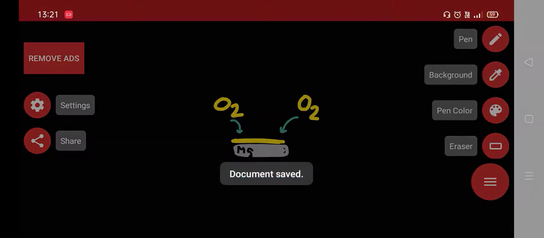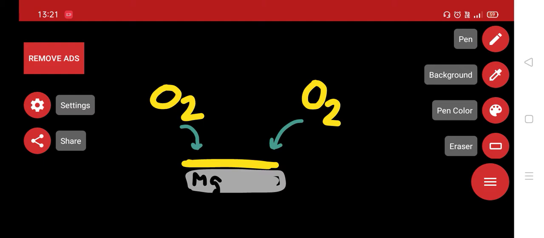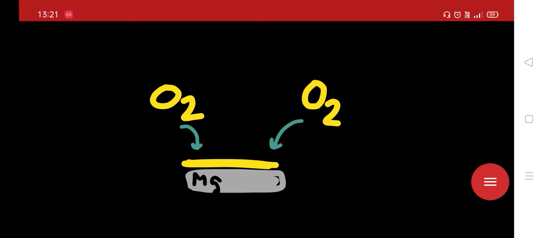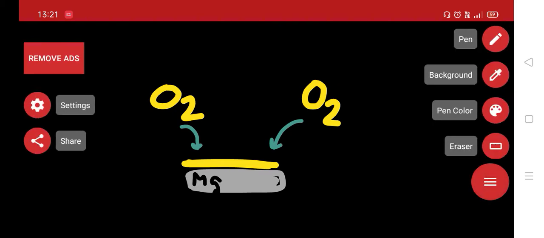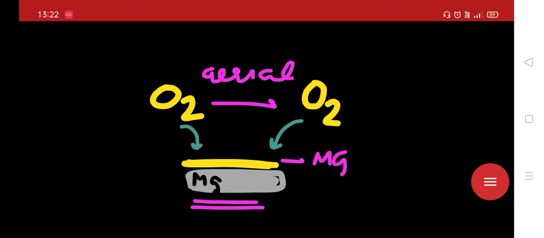The question says: why do we rub magnesium ribbon before burning it? Here you have oxidation, and this is magnesium. When this magnesium reacts with oxygen, aerial oxygen you may say, it forms magnesium oxide.